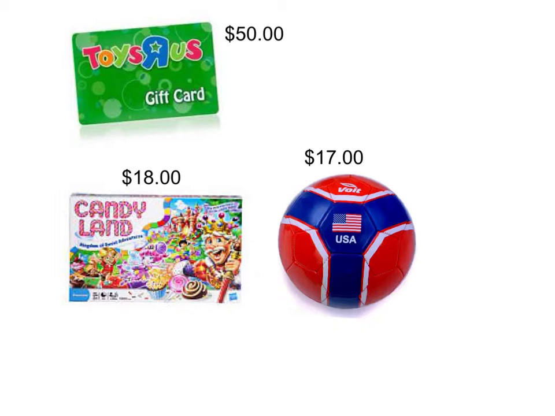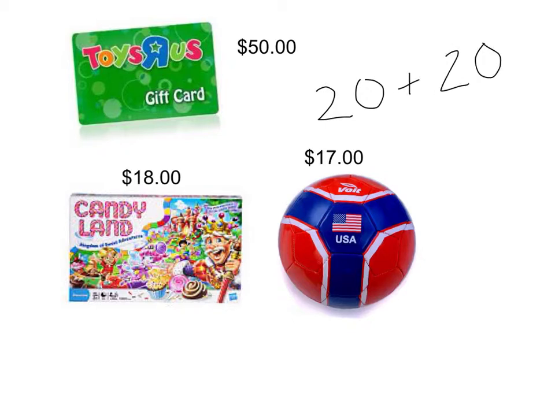So what we would do is think 18 is almost 20 and 17 is almost 20, and I can add 20 plus 20 pretty quickly and get 40, knowing that 40 is under 50, so I could buy these two items with my gift card.